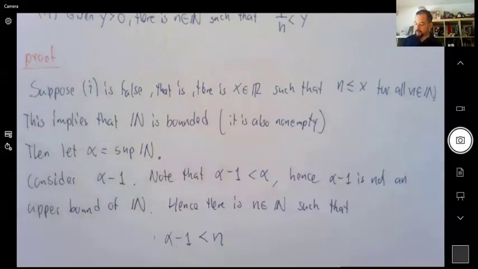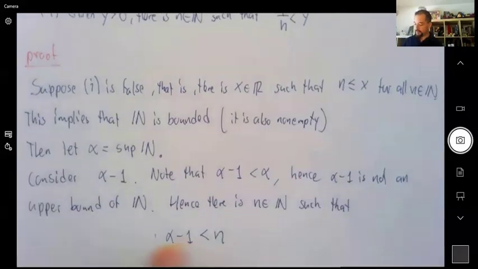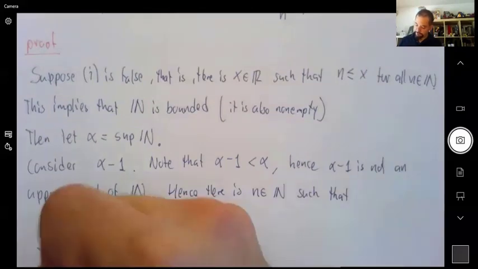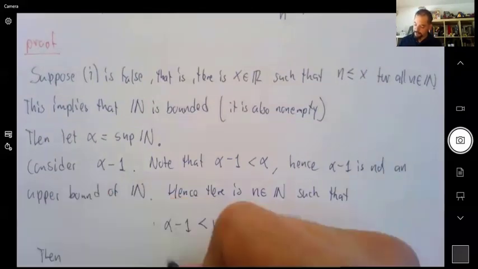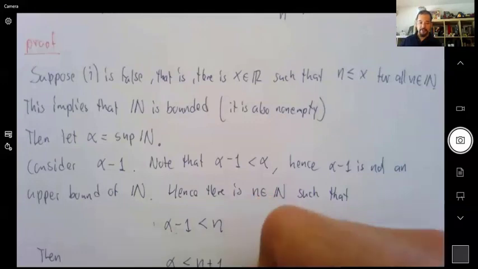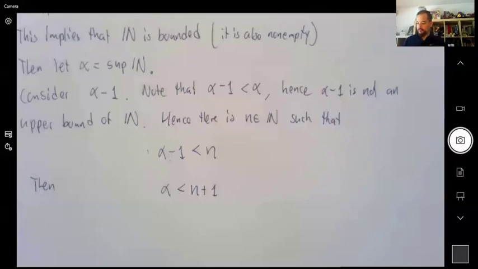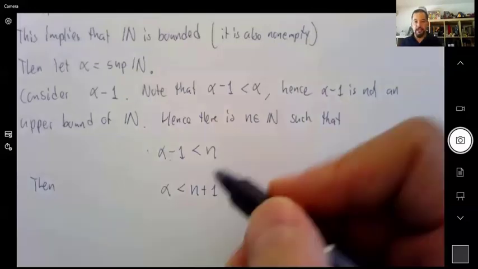So this guy is not an upper bound. It means there's someone that is to the right of it. But then, if I add 1 to this, it tells me that alpha is less than n plus 1. Okay, and this doesn't make any sense, right?